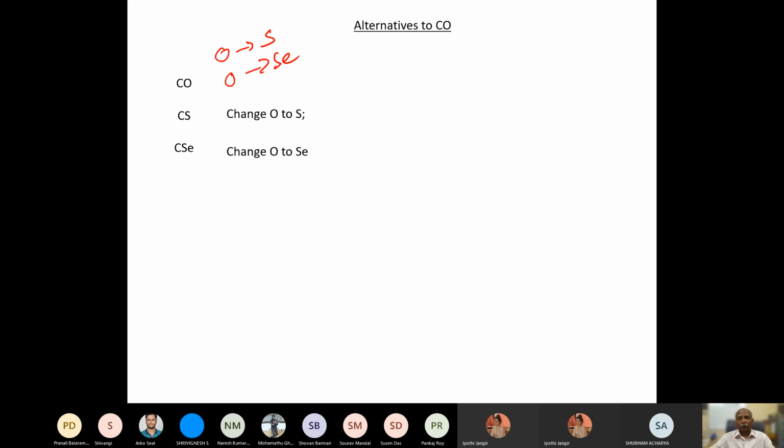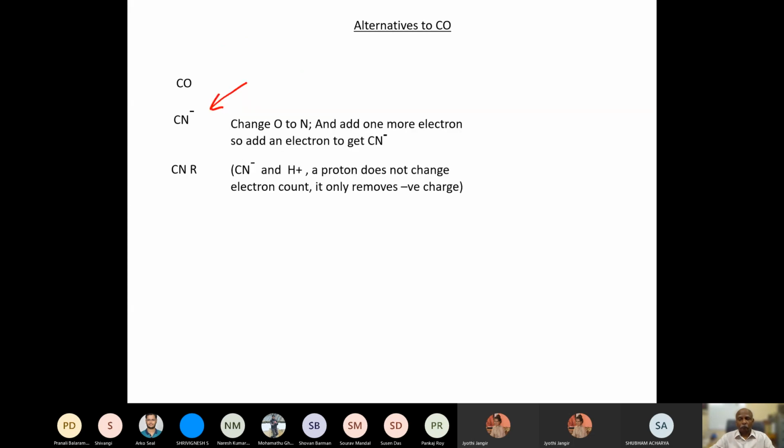Now it turns out that we can also replace the sulfur with a nitrogen with a negative charge that will make it isoelectronic. So CN minus is isoelectronic with CO, and because a negative charge places an extra burden on the metal complex, you cannot have MCN6 minus.